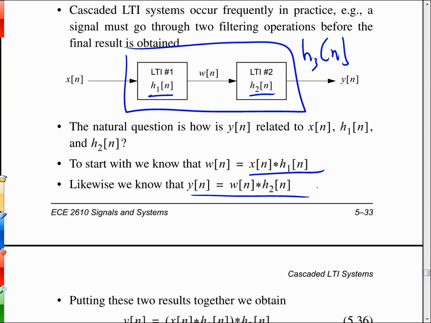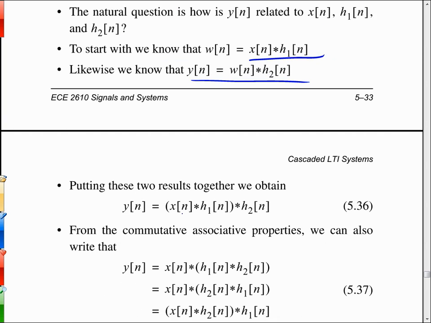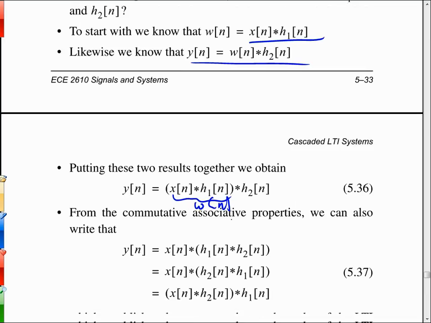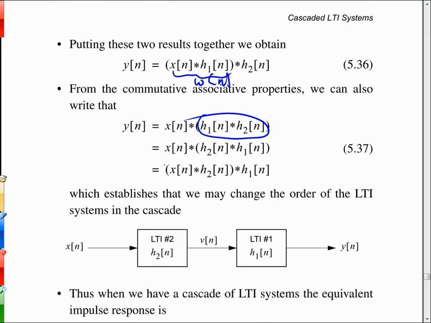So if we stack that together, x of n convolved with h1 is w of n, and then that gets convolved with h2, and then we use the commutative and associative properties, and we can drive down to the idea that the equivalent impulse response is just h1 convolved with h2.